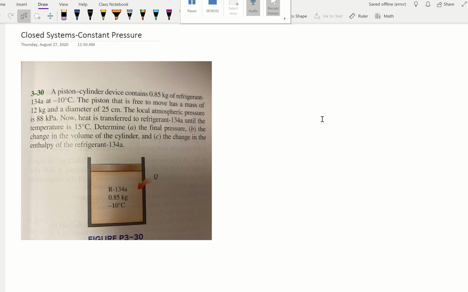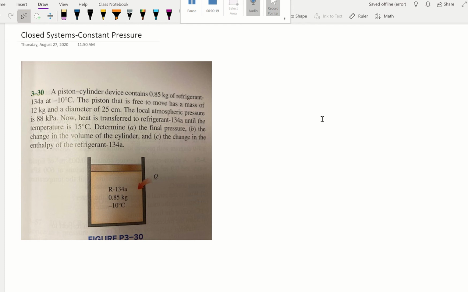Hi, in this video we're going to look at another example of a closed system. The previous one was a rigid tank, where volume is constant, and here we're looking at a piston cylinder.